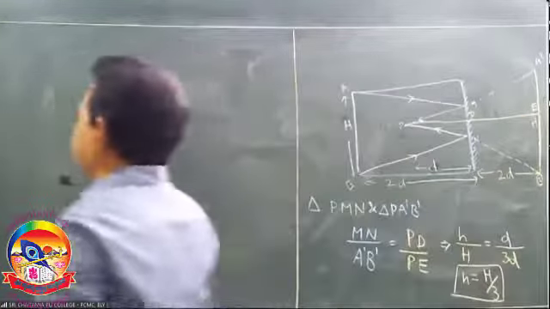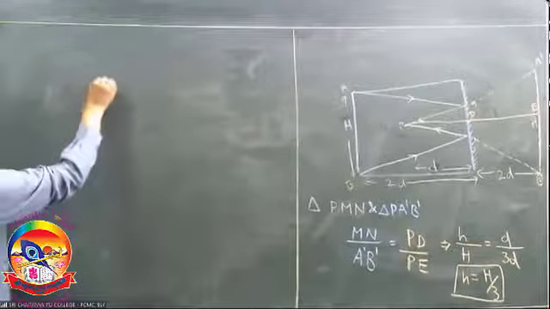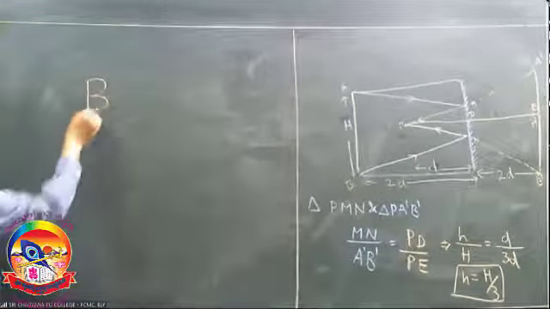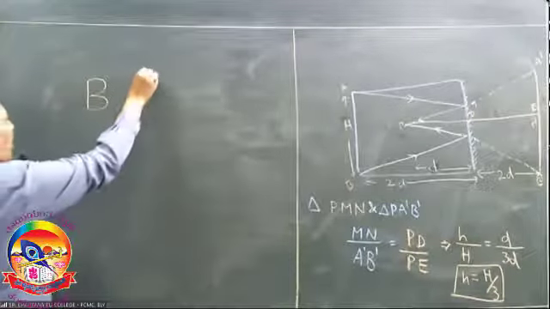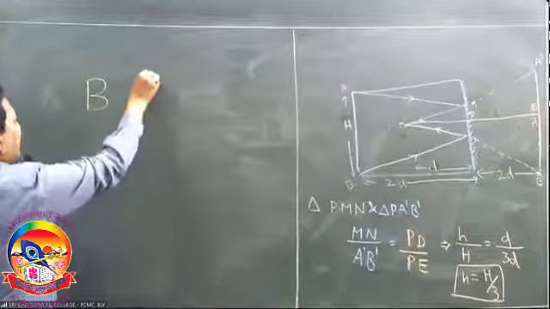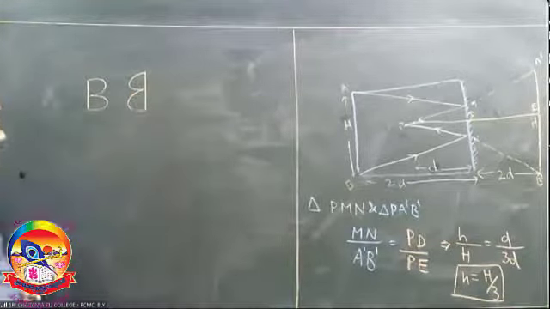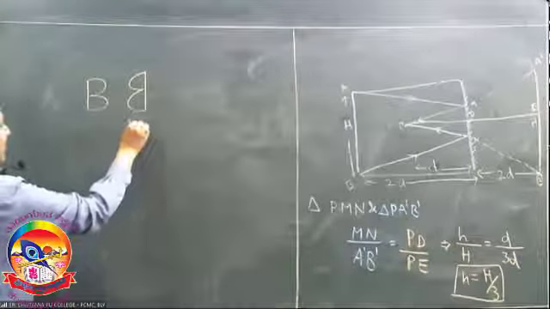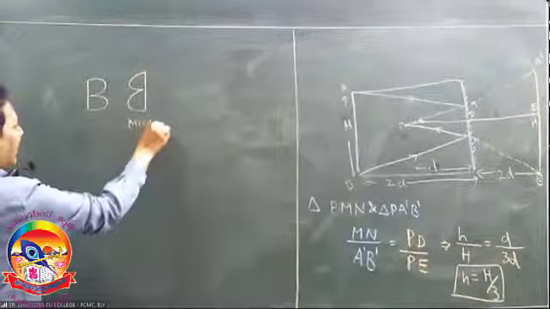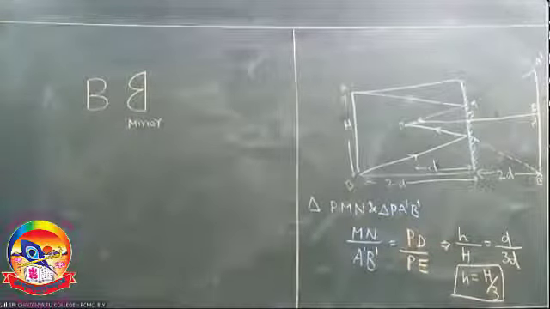For example, if I write the letter B and see it in the mirror, longitudinally it is erect, but laterally it is reversed. In the mirror, it appears like this, the letter B reversed.